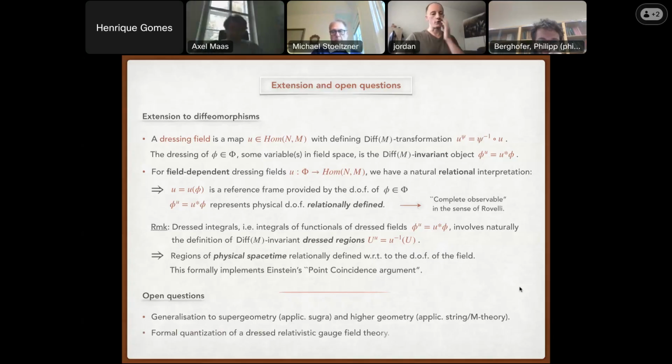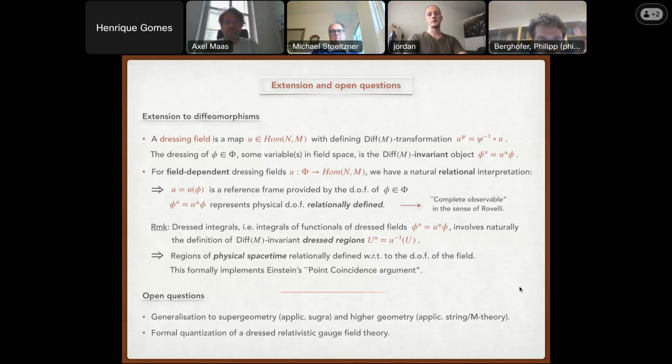And as we've already said, of course, the formal quantization of dressed relativistic gauge field theory would be an important step to take in the development, to see, as Enrique has been pointing out, how robust the demarcation between artificial and substantive gauge symmetries will be. Does it survive? It is quite robust at the classical level.